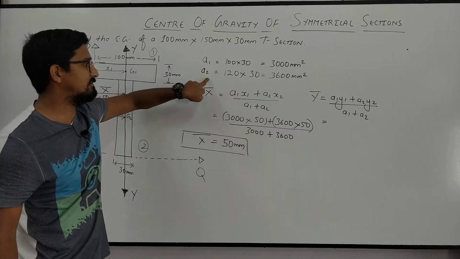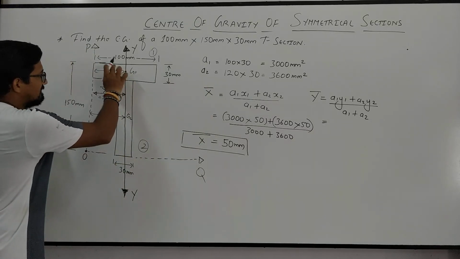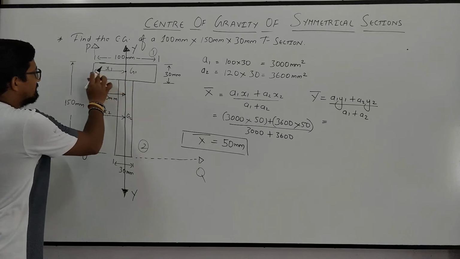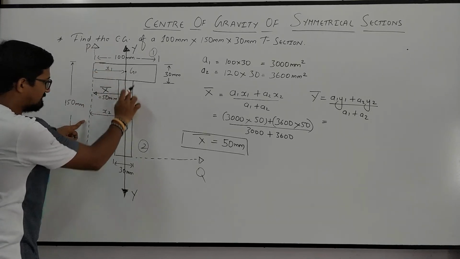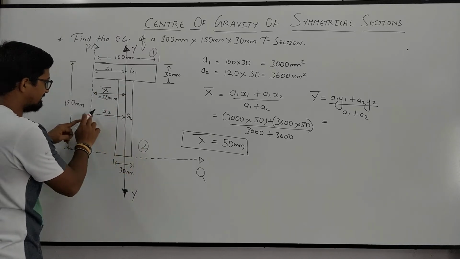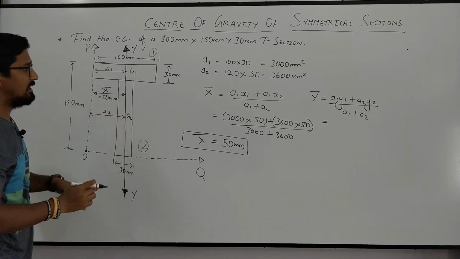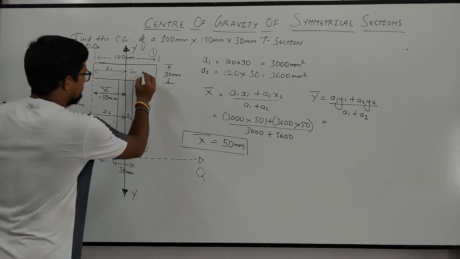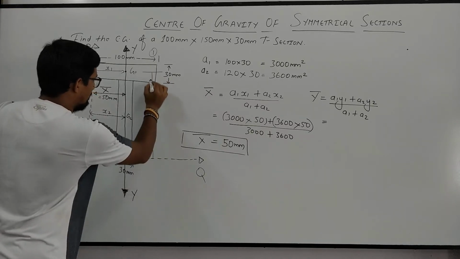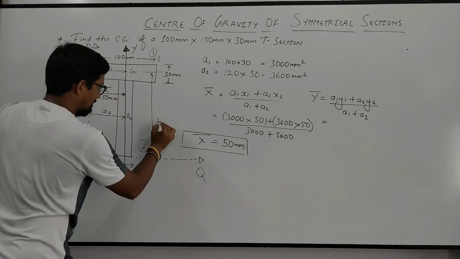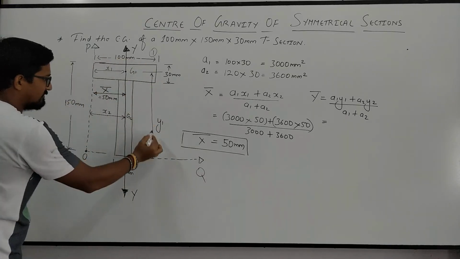X1 was the distance of the CG of the first rectangle from the reference axis OP, and X2 for the second section, which were 50 and 50. Now y1 and y2, look here, this is our y1, since we have taken it as section 1.